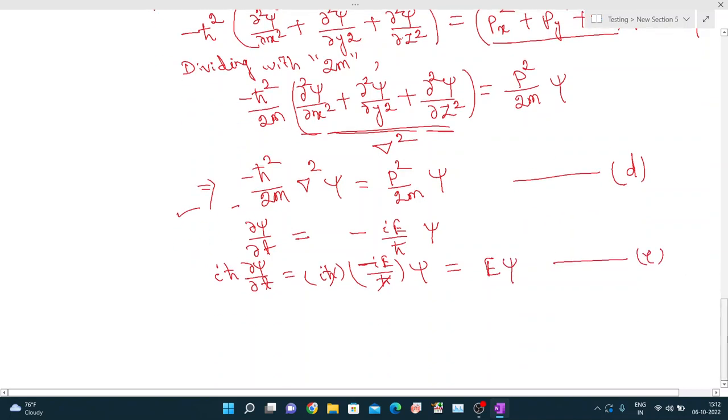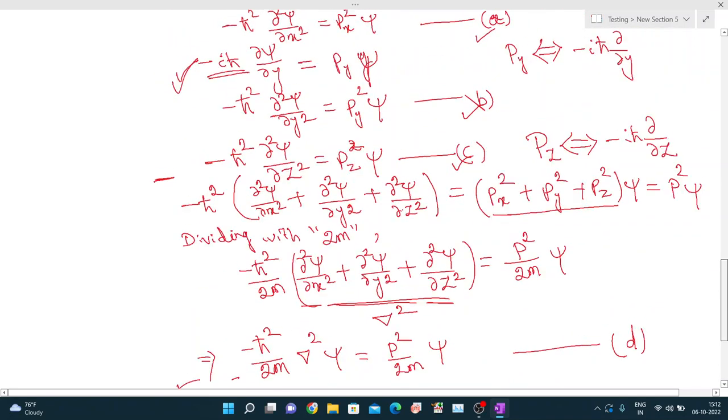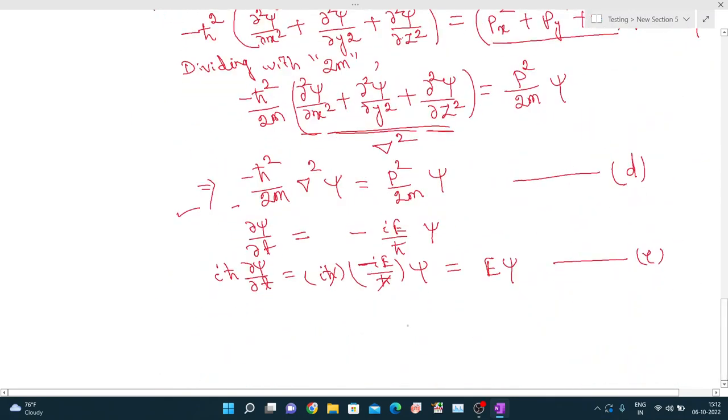So now we have E psi and p square by 2m into psi. Okay, so for 3D the total energy E is equal to p square by 2m plus v. Here the potential is dependent on r.